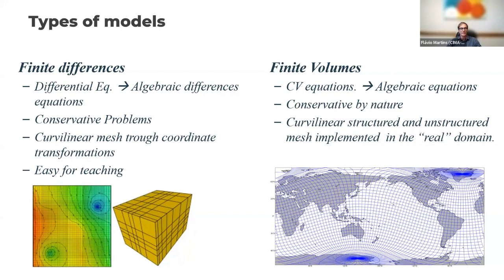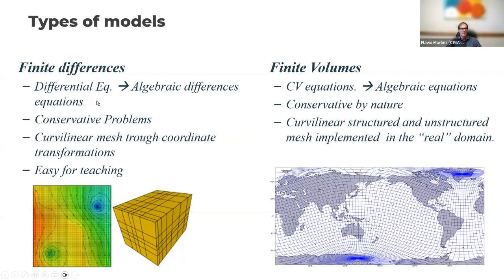Another big difference is that the curvilinear mesh in the finite differences must be implemented using a mathematical method called coordinate transformation. And in the finite volumes, we don't need to do coordinate transformation because all the equations are applied to cells in the real world domain.